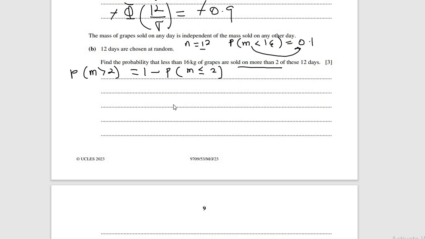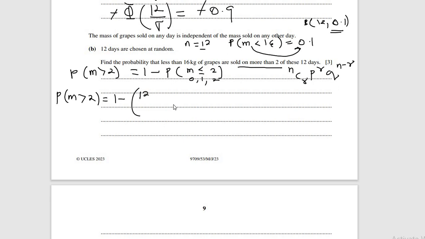Now, it's looking like a binomial distribution because we have n as 12 and the probability of success is 0.1. For r less than or equal to 2, that would be 0, 1, 2. So the probability of more than 2 would be 1 minus. The formula for the binomial distribution is n combination r, p raised to the power r, q raised to the power n minus r. N is 12.